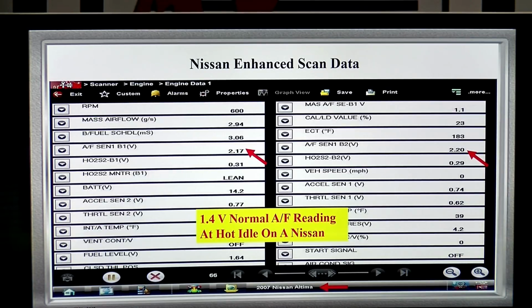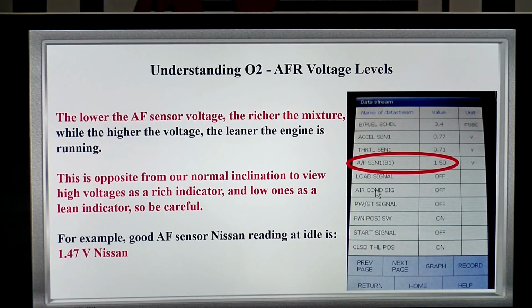And that's an important thing to write down, because unlike an oxygen sensor, the voltage on all of these European and Asian cars especially, the Asian cars are all over the place. Like Toyota, for example, is 3.3 volts. They couldn't make their mind up and all make it the same. So here on Nissan, we're 1.4. And if you look at this screenshot here on a Launch scan tool, we're 1.5, pretty damn close to it.